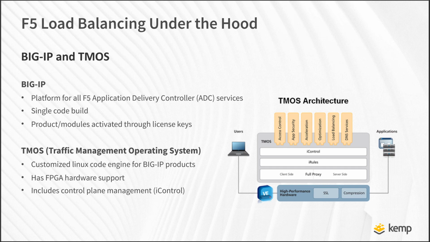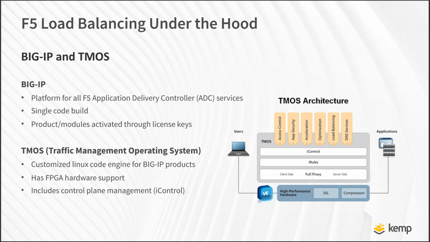And then you also have TMOS, Traffic Management Operating System. This is the underlying engine for this BIG-IP software. It is customized Linux code, and it is designed to have specific support for customized hardware as well. F5 Networks designs their own FPGAs. They also use specialized hardware such as ternary CAM, TCAM.